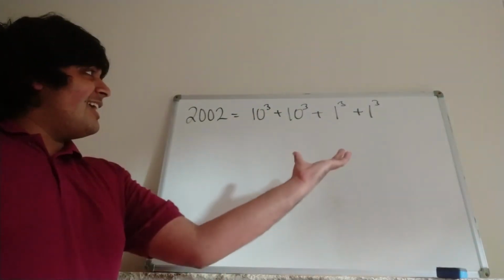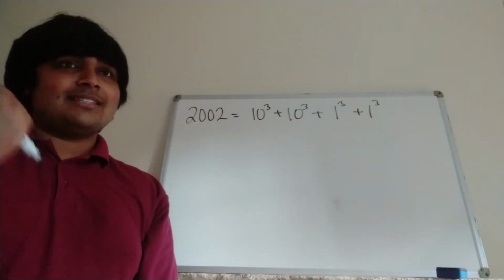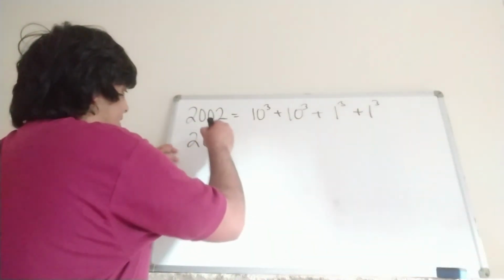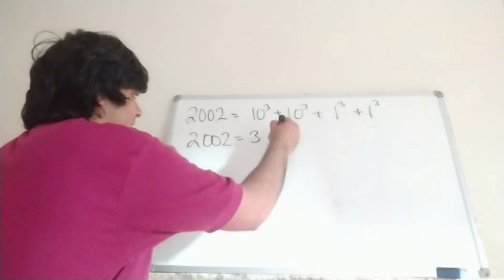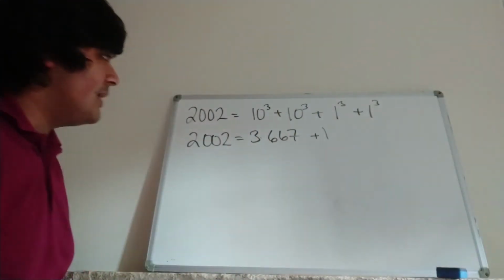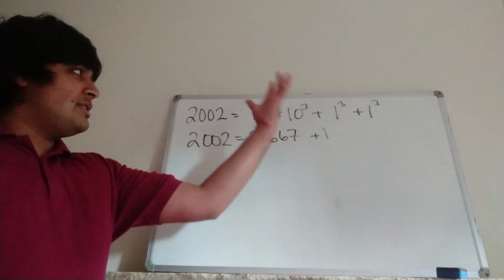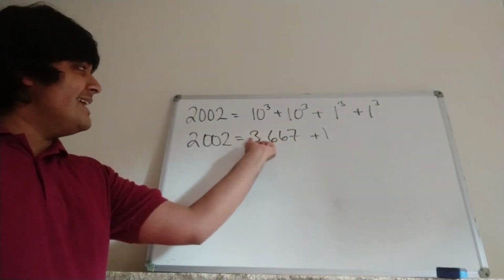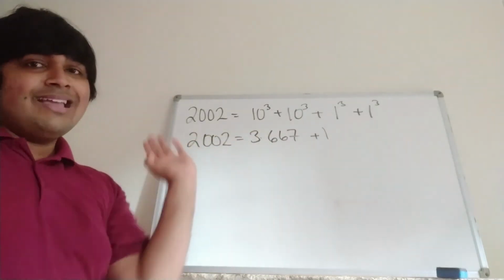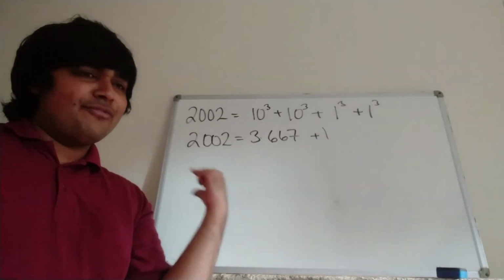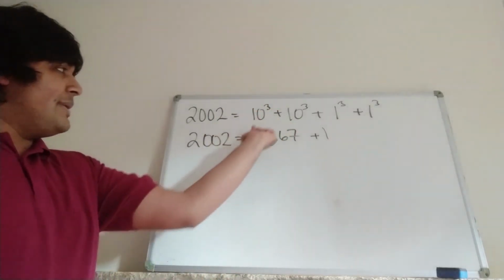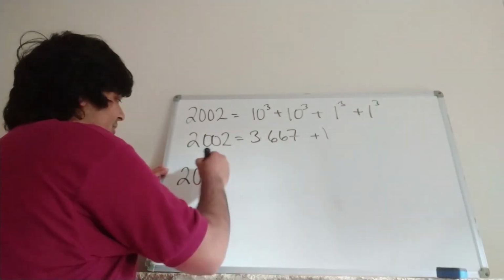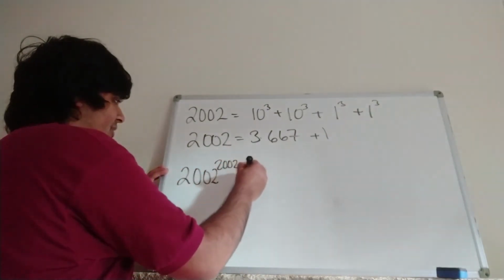Great. Now, recall that 2002 is the same thing as 3 times 667 plus 1. This is one of the facts I had written down earlier. Now, we're writing 2002 as a sum of cubes, and we've got this 3 here, which perhaps, if you think of this 2002 as the thing that's going in the exponent of 2002 to the 2002, maybe we can use this to our advantage. So let's see if we can write 2002 to the 2002 as the sum of 4 cubes.